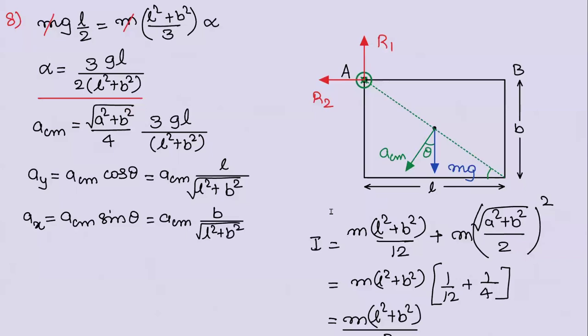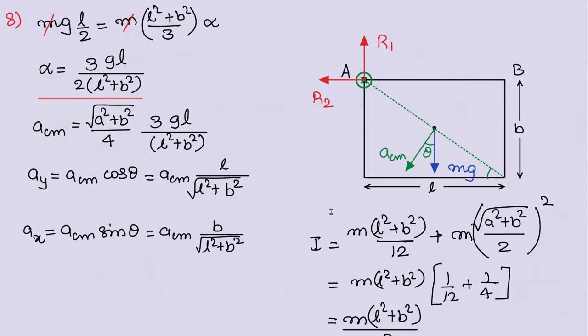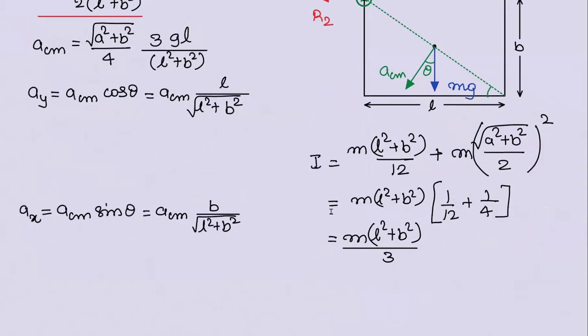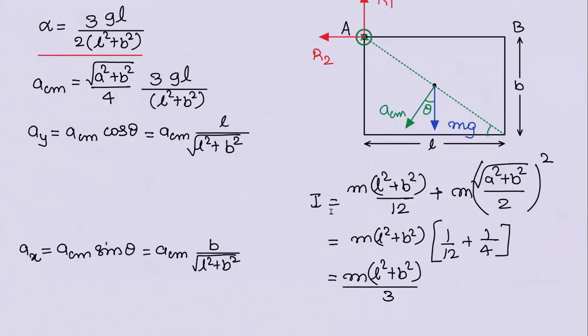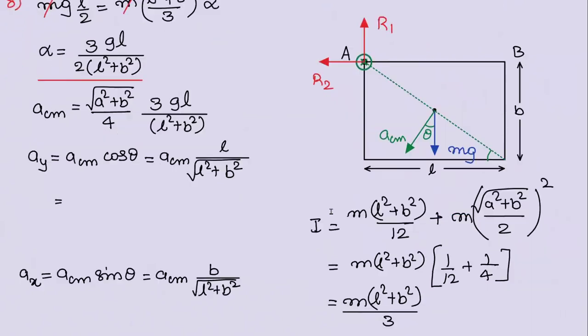Now you have to put the value of this ACM in this to find AX and AY. Let us calculate AY first, then we go for AX. So the final value of AY, if I put this value here, the square root of L square plus B square and the other square root of L square plus B square get cancelled.